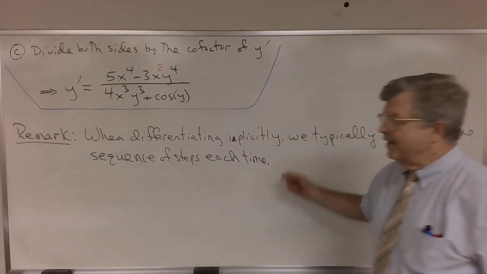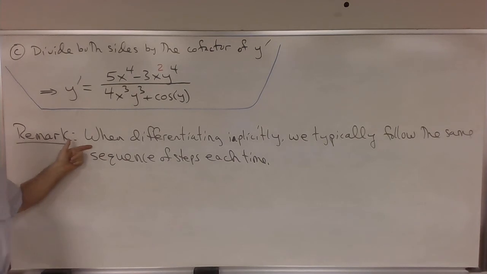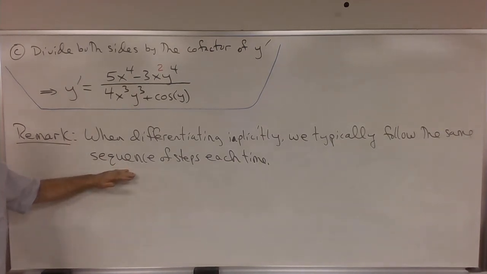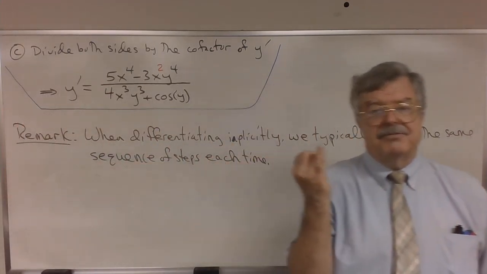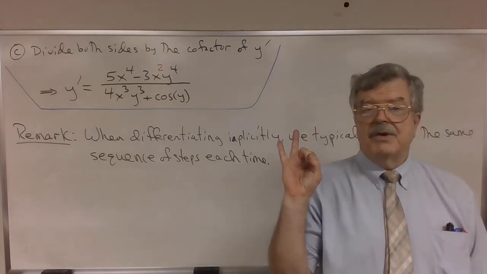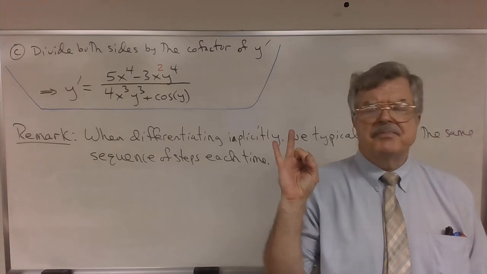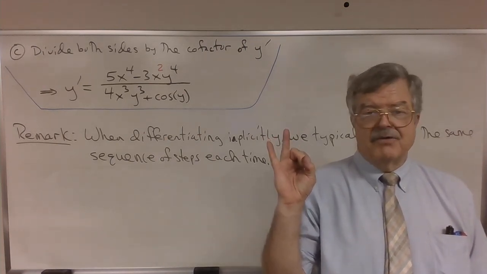Okay, here's the remark. When we're differentiating implicitly, we typically follow the same sequence of steps each time. The first step, we differentiate both sides with respect to x. And then before we go to step 2, we simplify. Step 2, we solve algebraically for y prime.